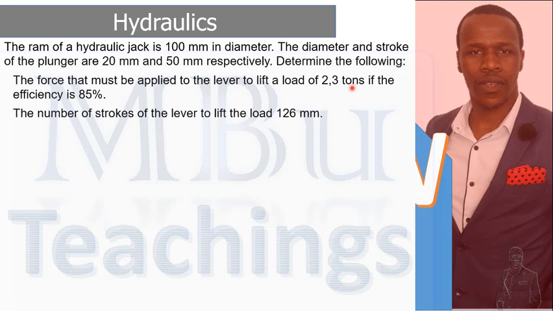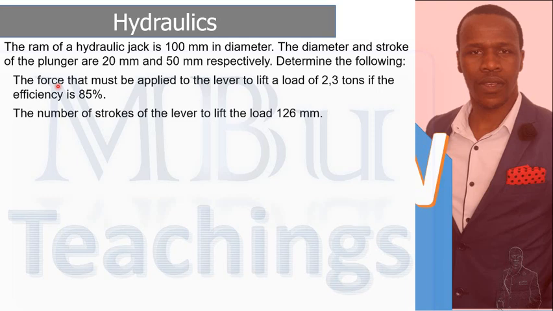Now we have our load on the side of the ram in newtons. Whatever value it is, you will get it in your calculator, but just follow those steps. We have the percentage, which is the efficiency being 0.85 because we said percentage means divide by 100. Okay, so they are looking for the force. Now we are not given the mechanical advantage.